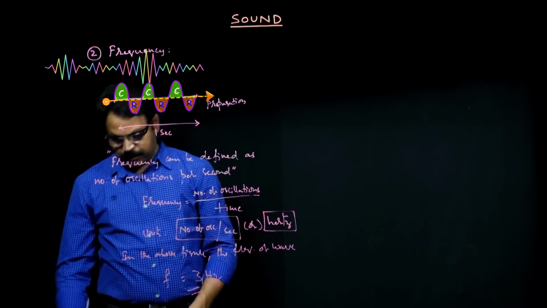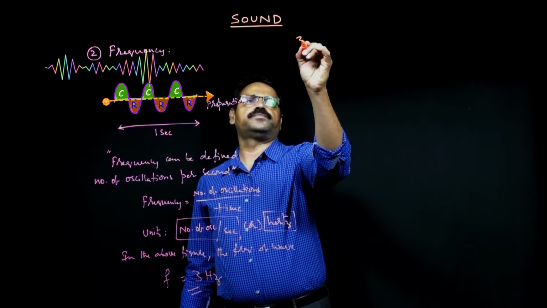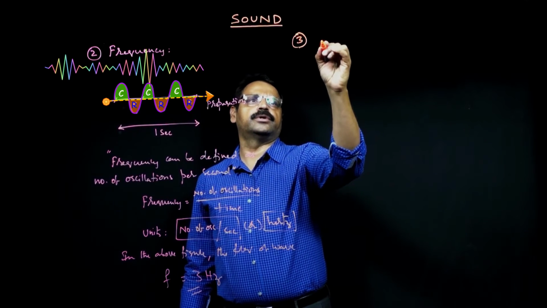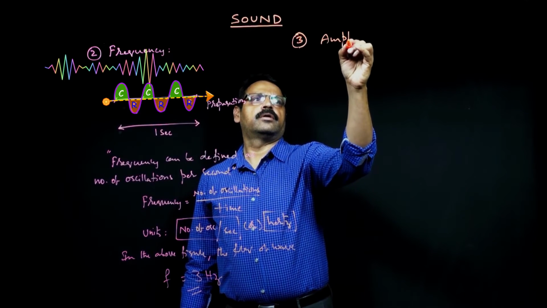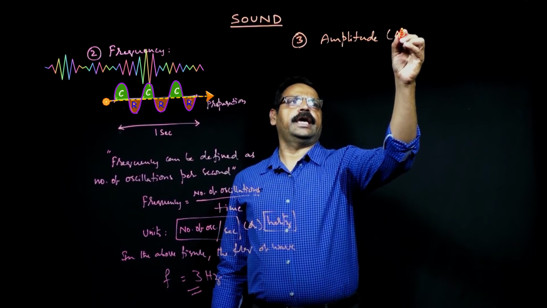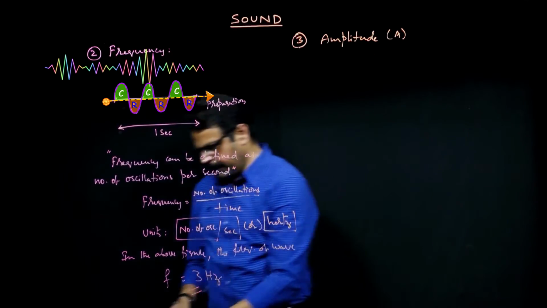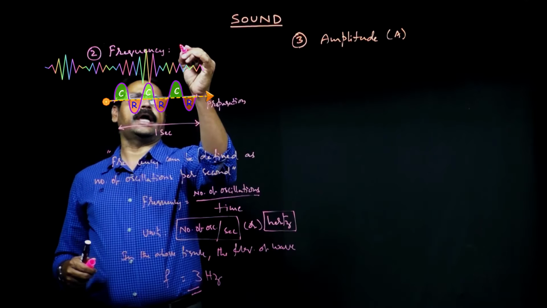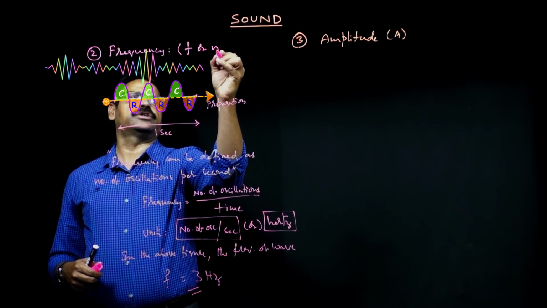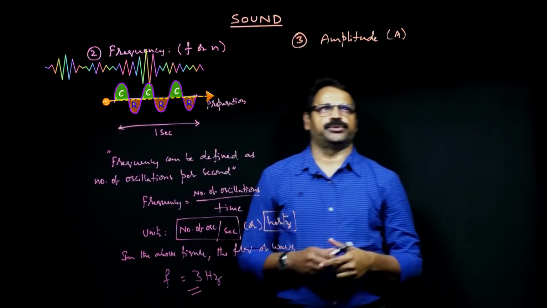Then the third definition we have to look at is amplitude. Amplitude is denoted by A, and frequency can be represented by either small f or n. This is the notation for frequency, and this is the notation for amplitude.